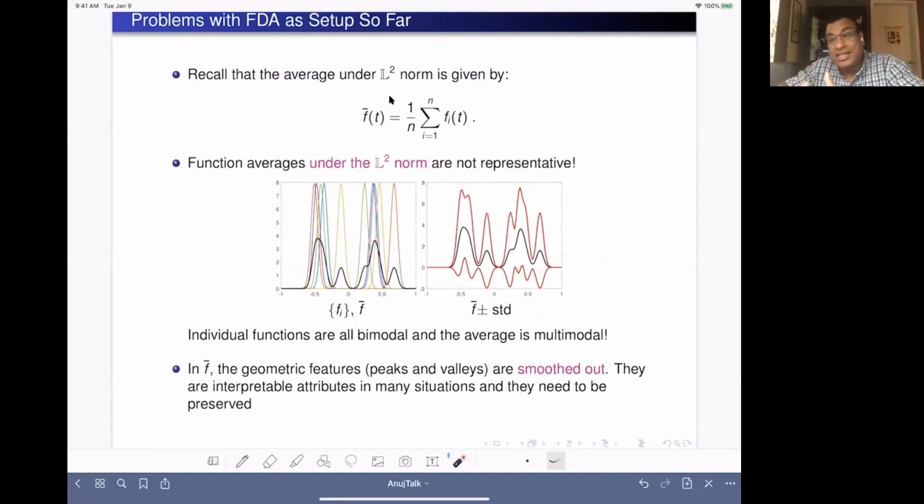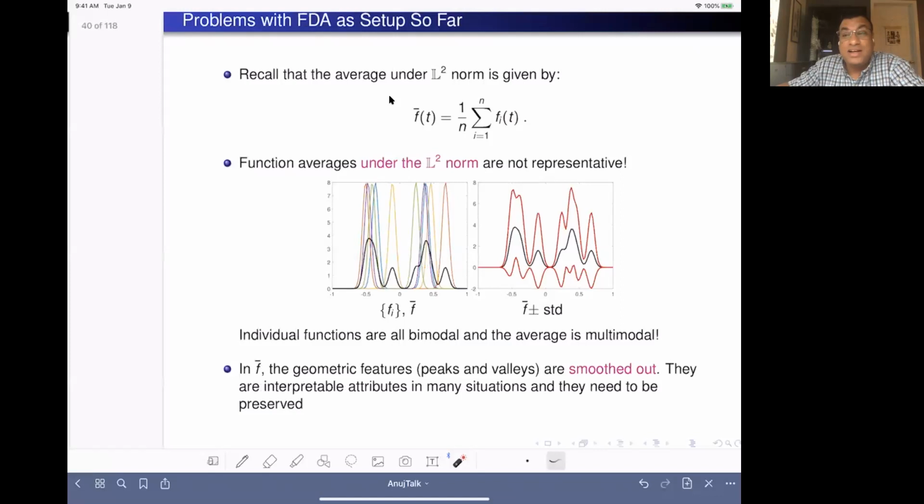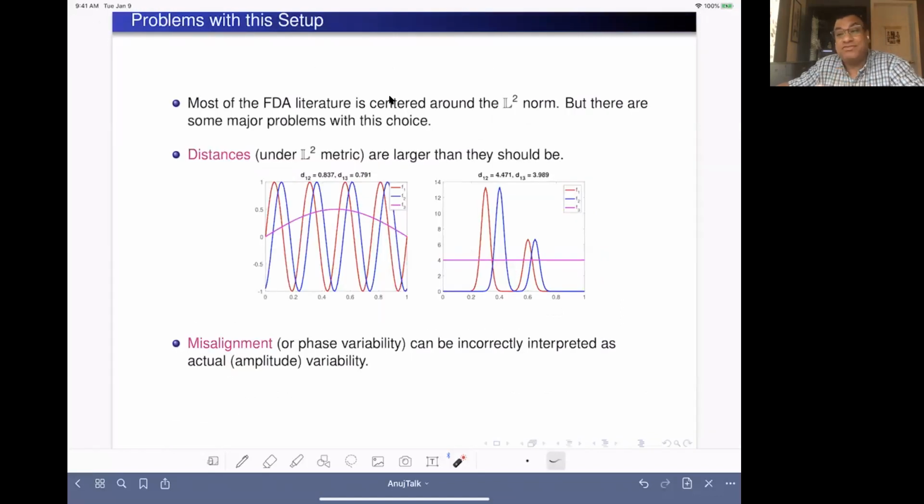Only in functional data we run into this situation that you may have peaks which are slightly shifted. And even if they are slightly shifted, we pay a large price. It can make a big difference in terms of L2 norm. So suppose I was classifying this functional data using L2 norm, I'll end up classifying red with pink rather than red with blue, which would be wrong in most applications.